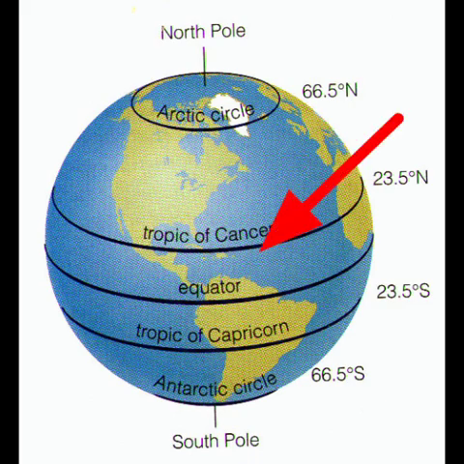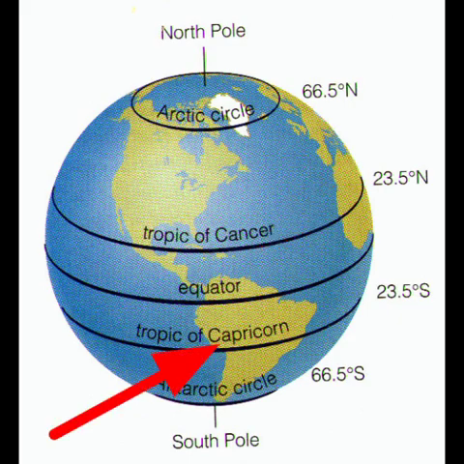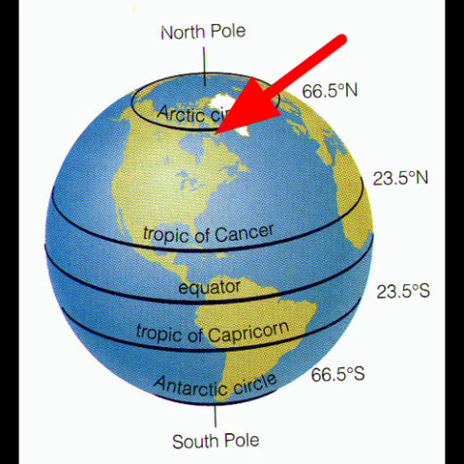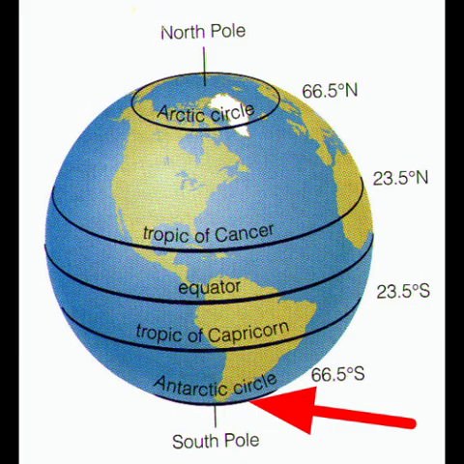The Tropic of Cancer lies 23.5 degree north. The Tropic of Capricorn lies 23.5 degree south. The Arctic Circle lies 66.5 degree north, and the Antarctic Circle lies 66.5 degree south.